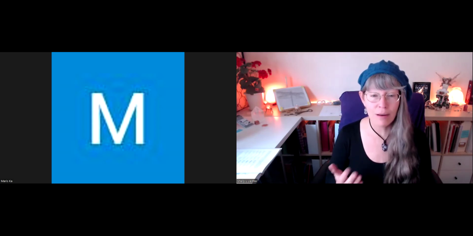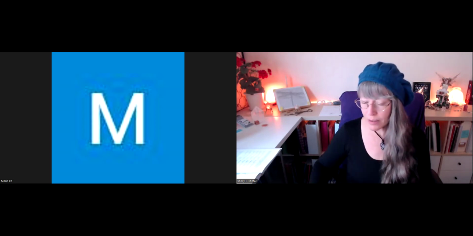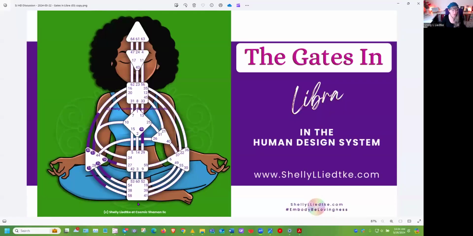Now, I think the reason things go extremely well for he and I in our relationship is, I'm going to show the screen. He's got all three of these. He's a pure generator, so he has all three of these centers colored in.